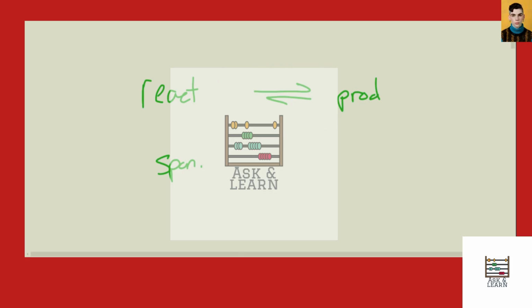But the mathematical way of thinking about this is, if this is spontaneous, the K value for this is greater than 1. When you reverse a reaction, the K of the reverse is 1 over the K of the forward. And so if this was greater than 1, the reverse reaction would be less than 1, which means non-spontaneous.